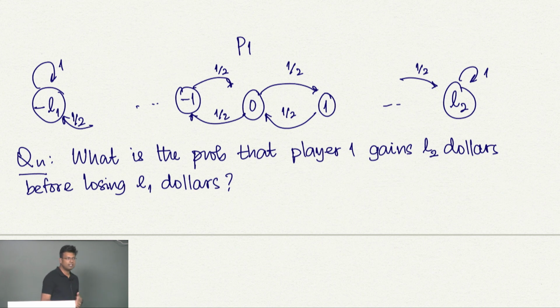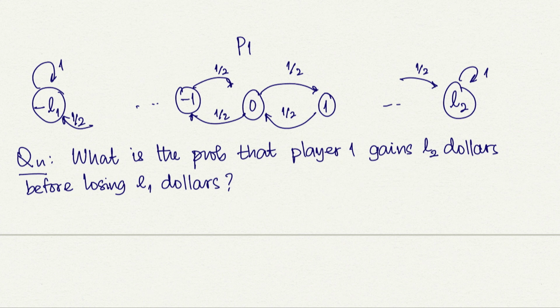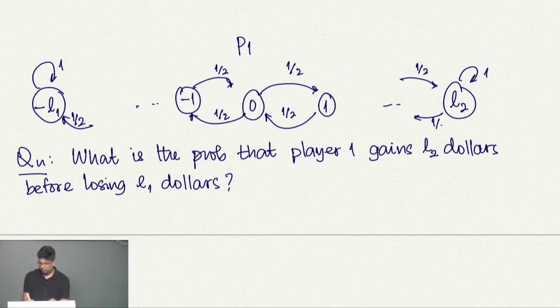All it says is, starting from 0, what's the probability that you reach L2? There should be half and half. So even this is half.